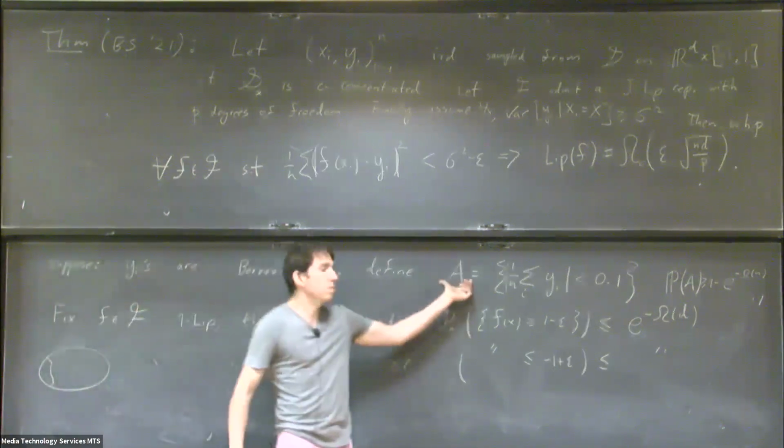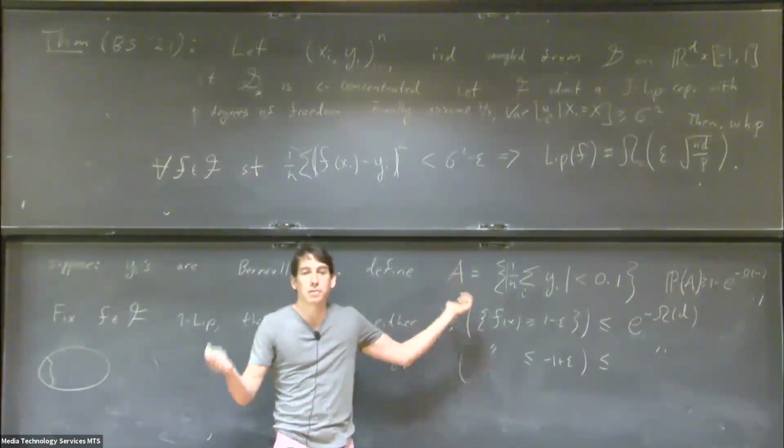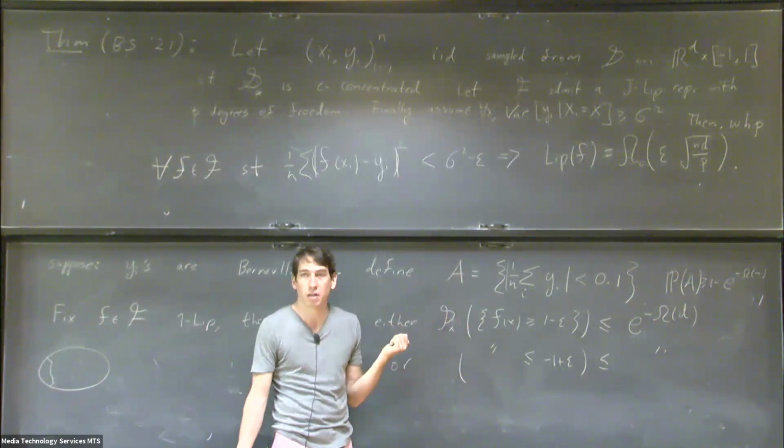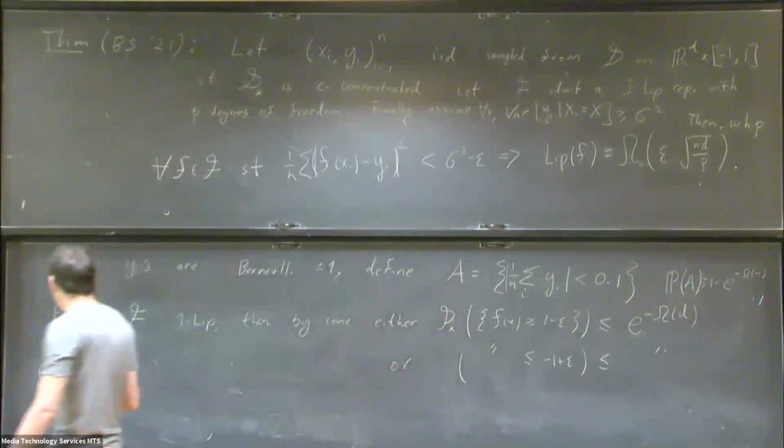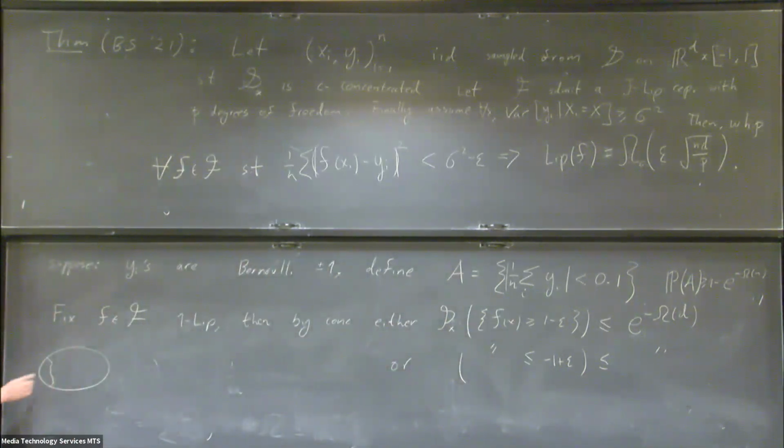Let's condition on the event A. So half the points are 1, half the points are -1. And now what's the probability that all the points which have this sign fall exactly here? For every point, the probability is e to the minus d. So the probability that all the points fall here is like e to the minus nd.